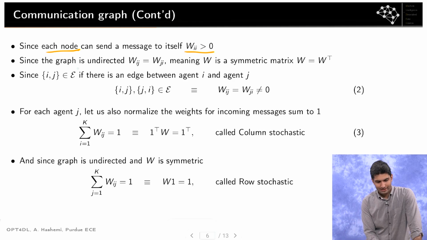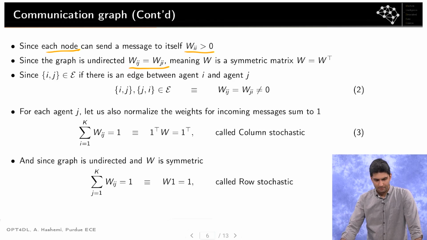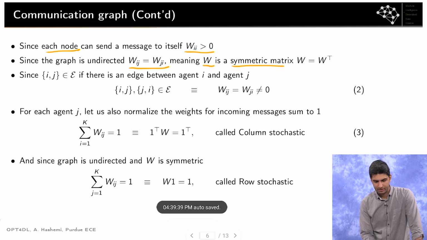Secondly, because we are assuming that the graph is undirected, w_ij will be exactly equal to w_ji. So in linear algebra jargon, our matrix W is a symmetric matrix, such that W is equal to W transpose.